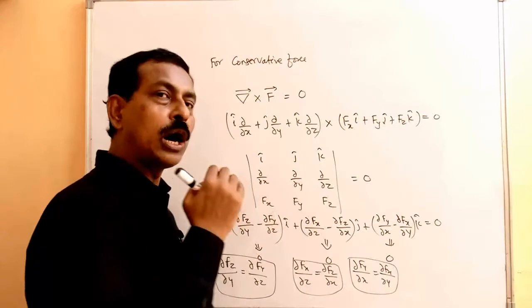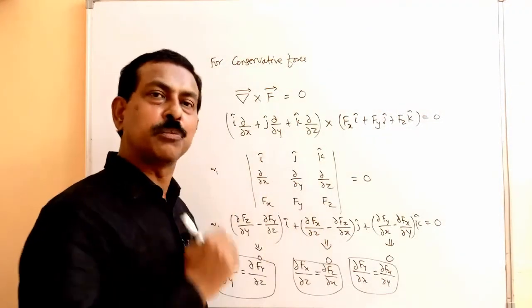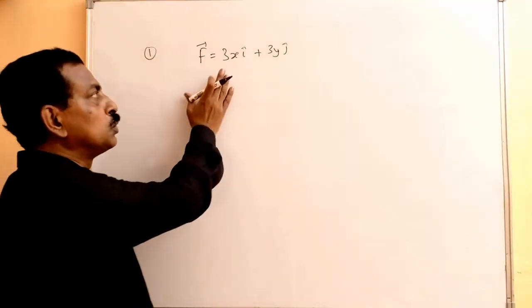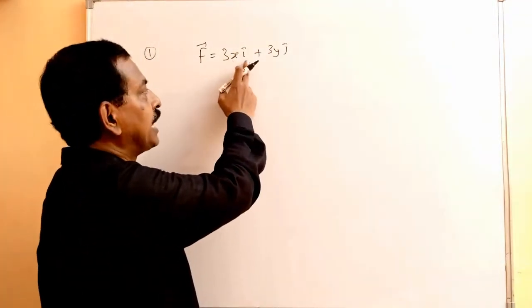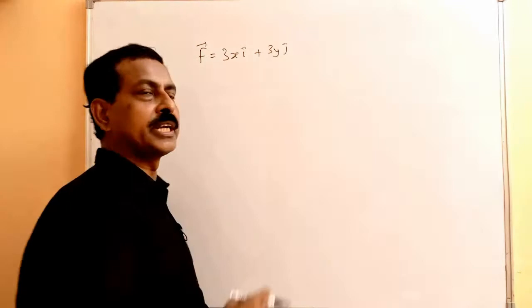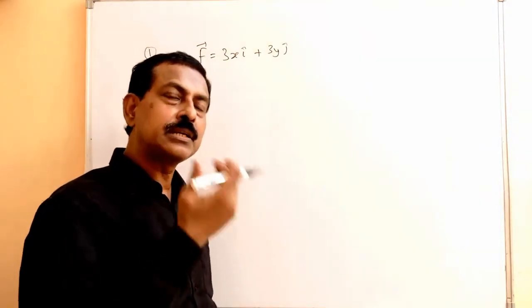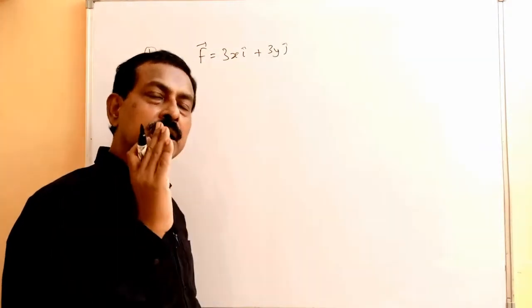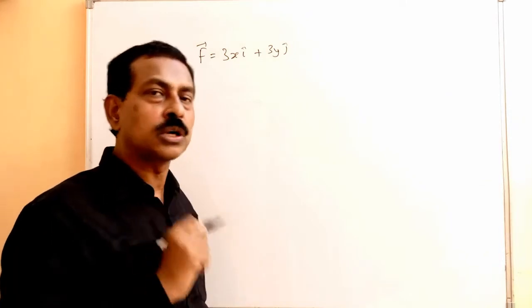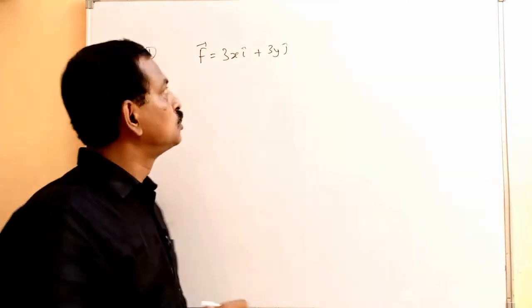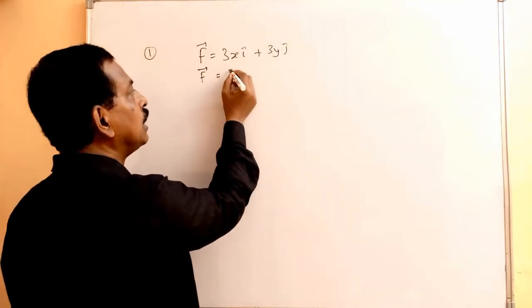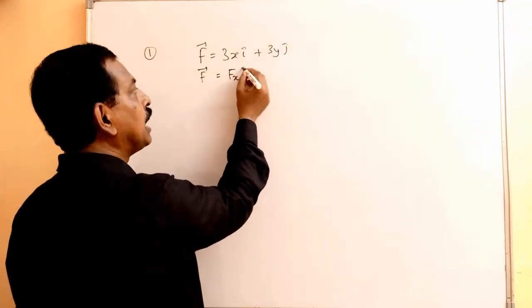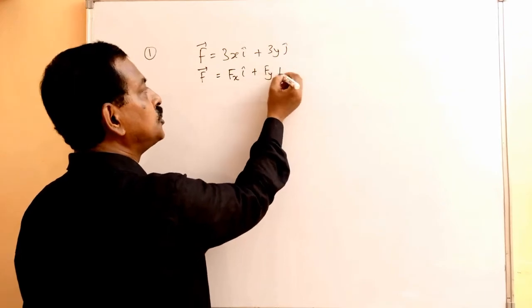Now let's see how we'll use that to different problems. Suppose this is the expression for the force. It is given as 3x i cap plus 3y j cap. You have to see whether this expression of force is conservative or non-conservative. So here you can see this force expression is basically in the form Fx i, Fy j.